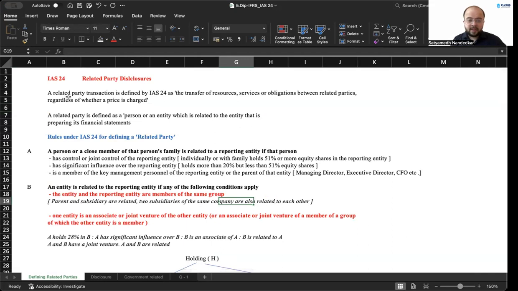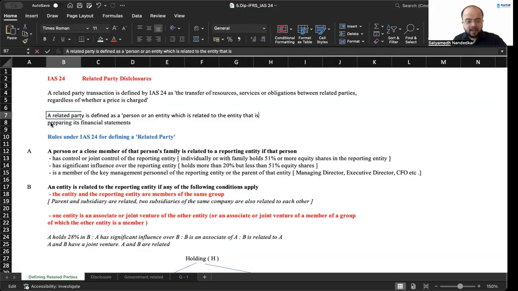A related party transaction is defined by IAS 24 as the transfer of resources, services, or obligations between related parties, regardless of whether a price is charged. So, even if one entity has provided services free of cost to the other entity, even those warrant a disclosure in the financial statements. And who is a related party?